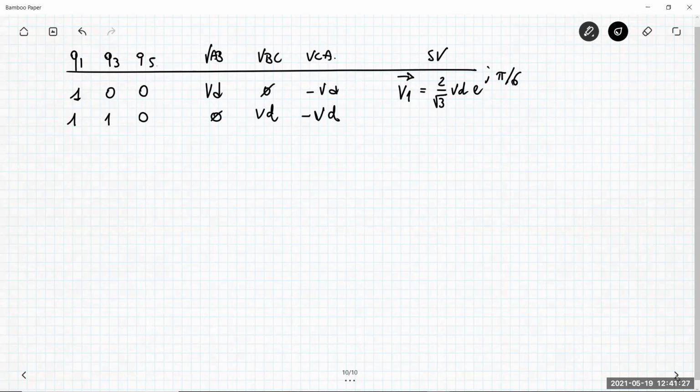The three variables here follow exactly the same pattern and have the same characteristics as the previous VAB, VBC, VCA. They are real, they are independent, the summation is null, and they are dimensionally homogeneous. So we can also apply to this case the Park transformation. If you apply the Park transformation, you can get a space vector which we can call V2, exactly in the same way we did here.